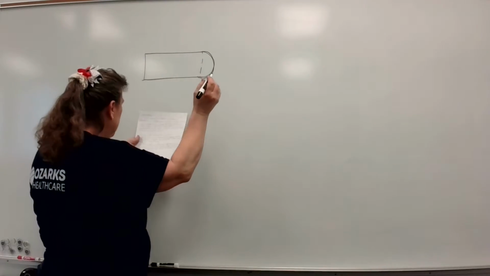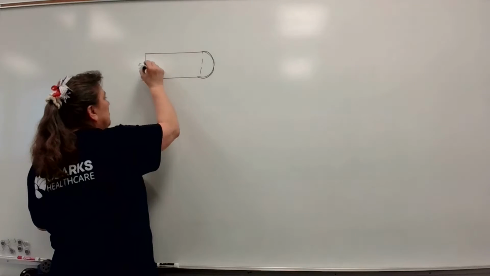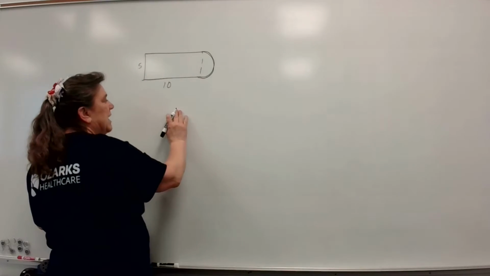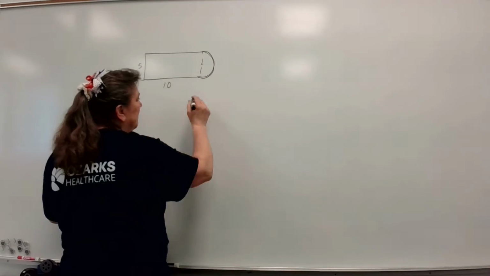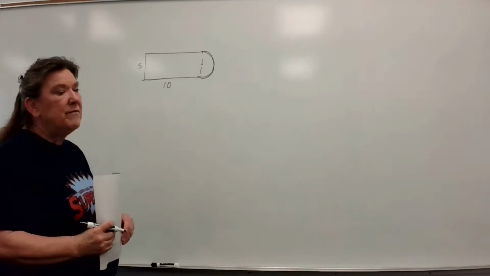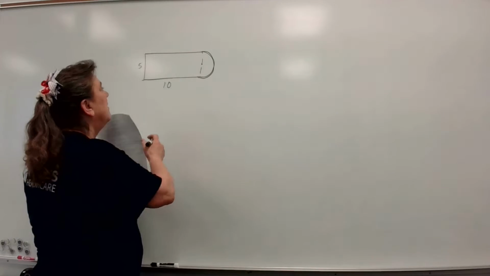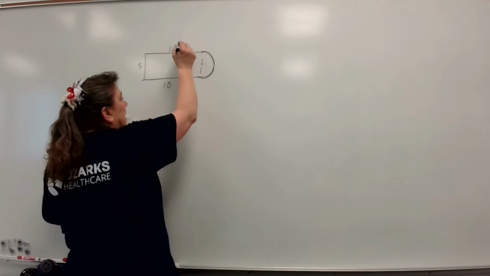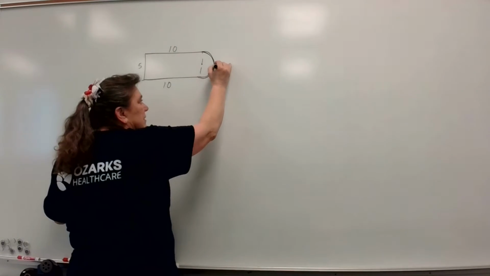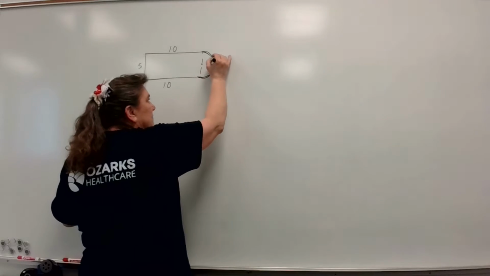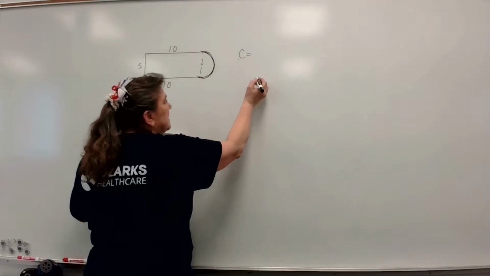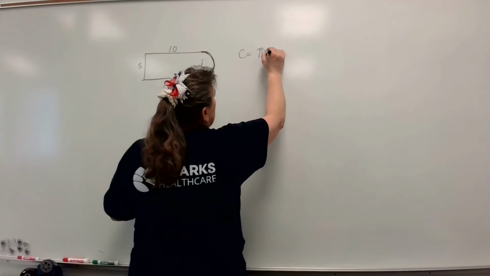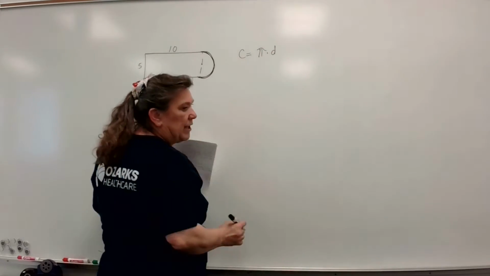So I don't remember what the measurement is, not that it's important, 5 and 10. So this would be a diameter of 5 here. So what we have is a 10 and a 5. This is also 10, but we need to figure out the circumference of this half circle. So remember, the circumference of a circle is equal to pi times diameter, okay?